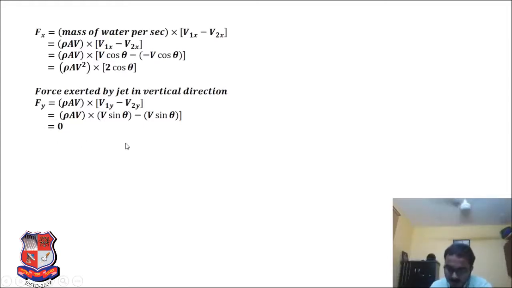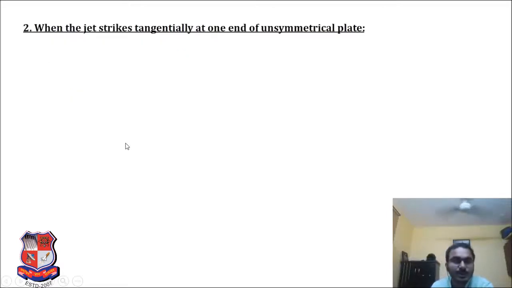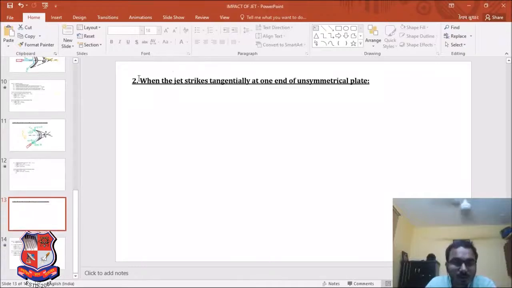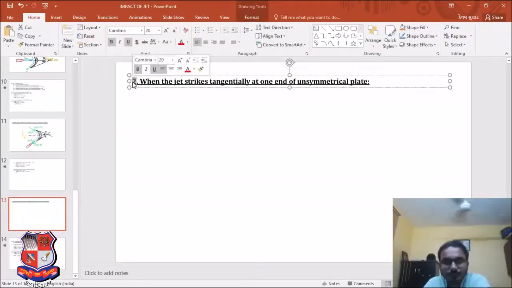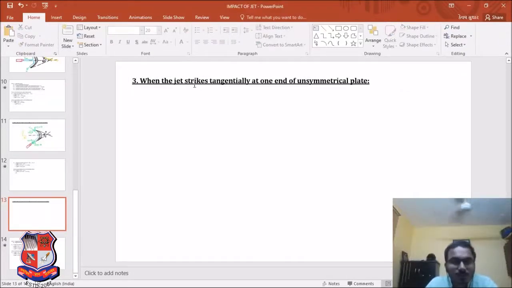Now we are into our last theory of today, which is when the jet strikes tangentially at one end of an unsymmetrical plate. It should be 3 here. So now the plate will be unsymmetrical. We will try to see how an unsymmetrical plate looks like.